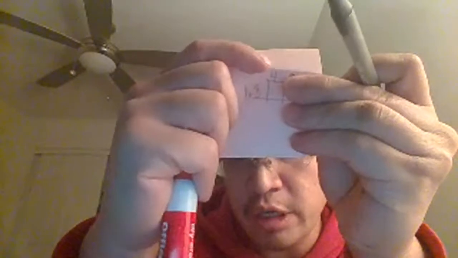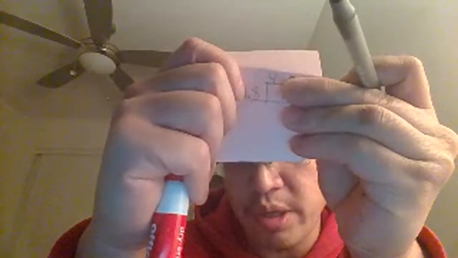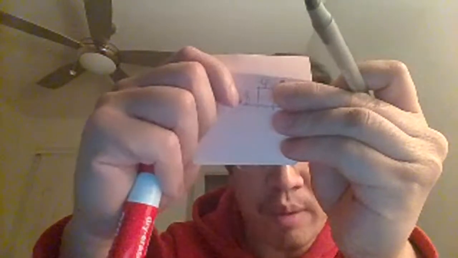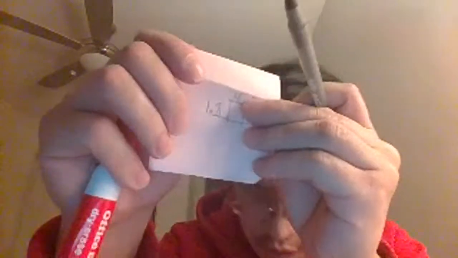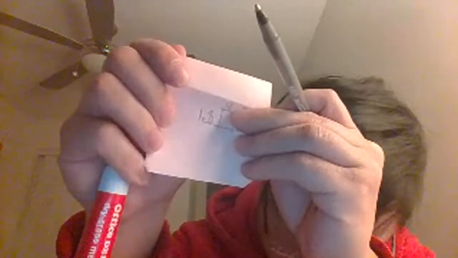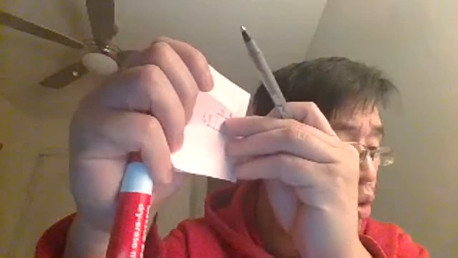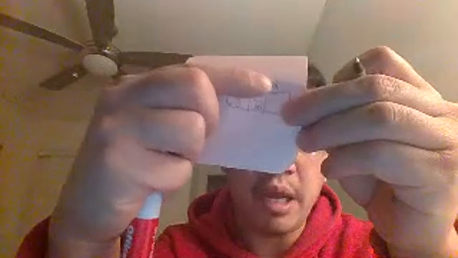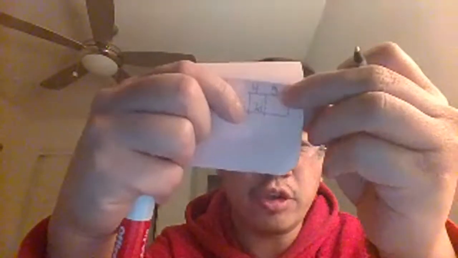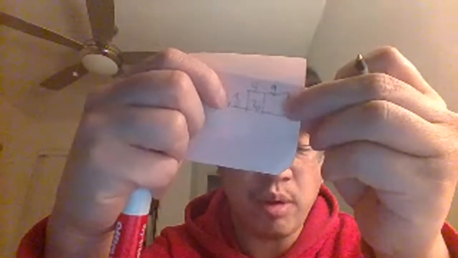So I do length times width, 1.8 times 4, and that should get us 7.2. Then we find the second area of this rectangle: length times width, which is 1.8 times g, and that's 1.8g.